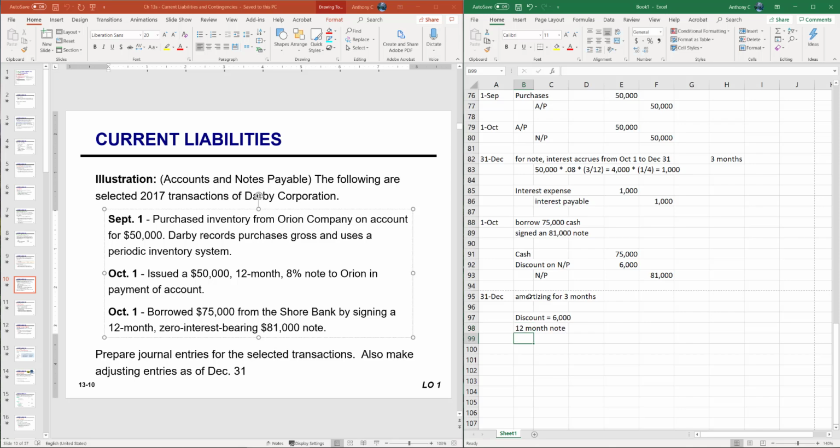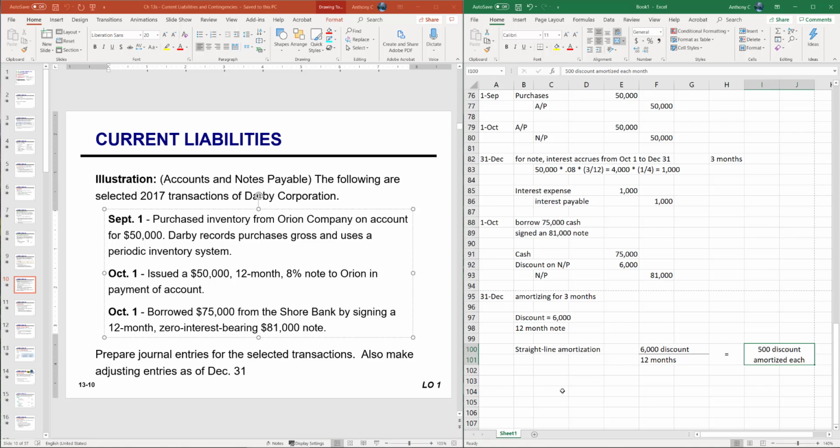So if we're doing straight line amortization, we'll take the discount of $6,000 and divide that by the life of the note of 12 months. That means each month that passes, we'll amortize $500 of the discount.